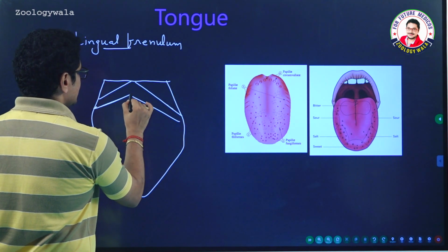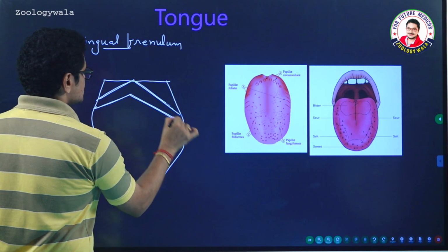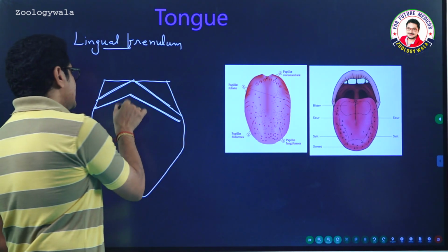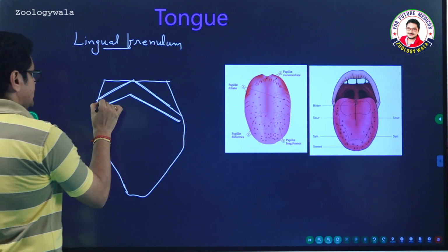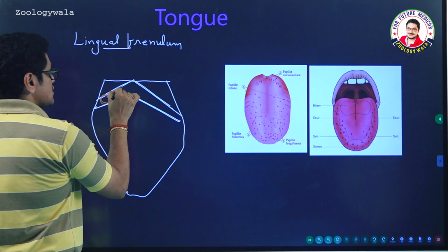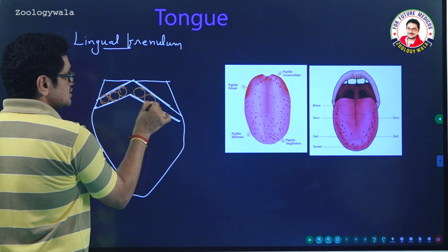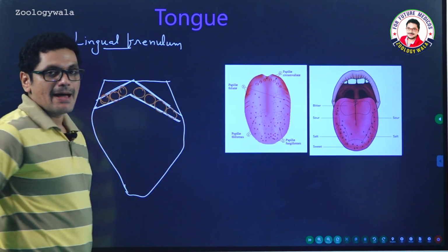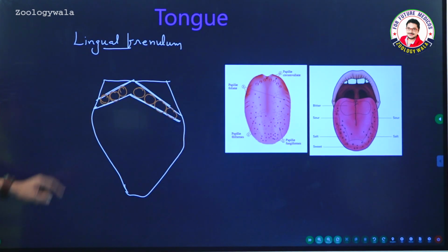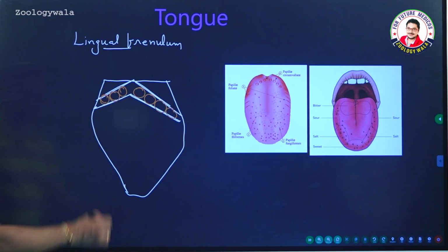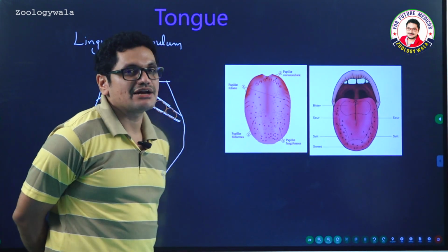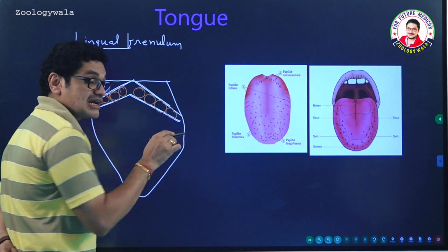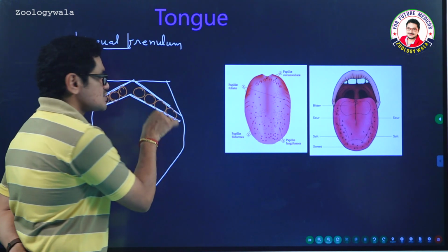There is a structure present here, and these structures are called circumvallate papillae. What are circumvallate papillae? Around 10 to 12 circumvallate papillae are present in this sulcus terminalis, and the structure is called sulcus.